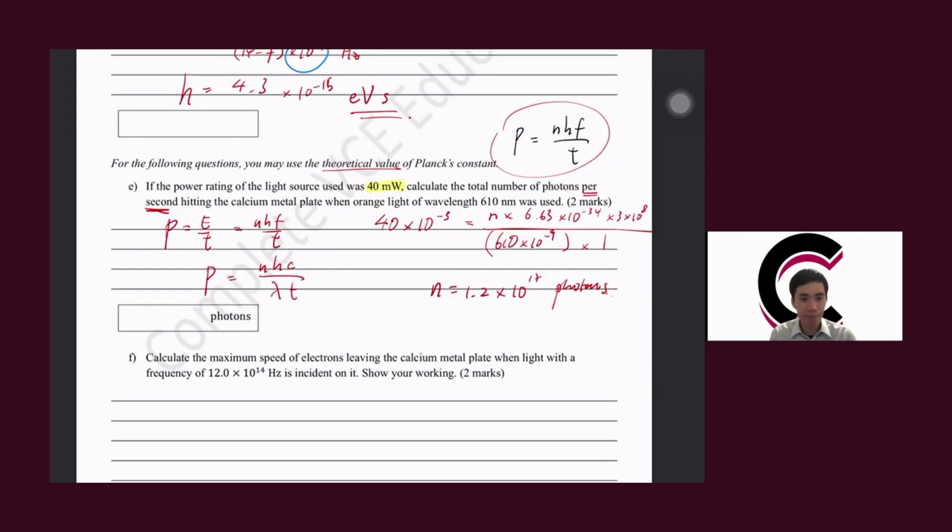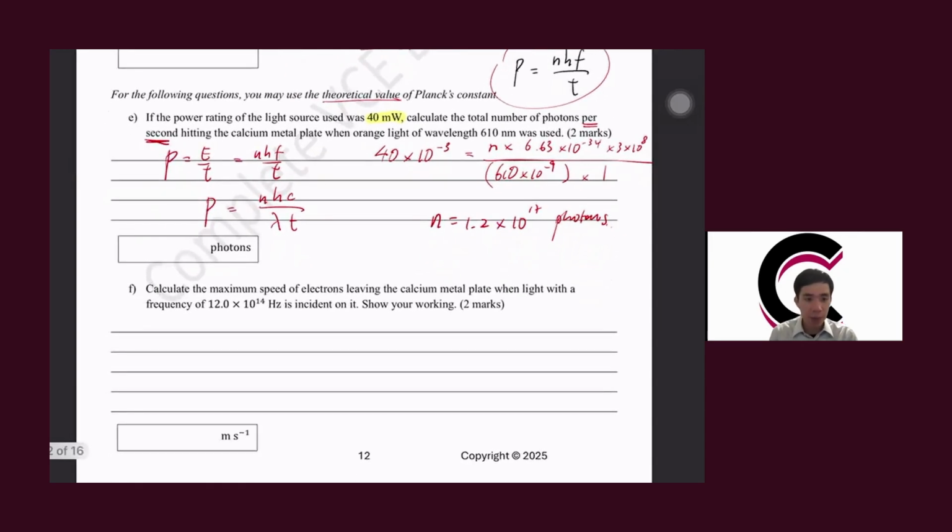All right. Next one, find the maximum speed. So whenever you think about speed, relate to kinetic energy straight away. Maximum means has to do with EK max, not any sort of energy, but the maximum kinetic energy. Equals HF minus phi. And 1/2 mv squared is HF minus the work function.